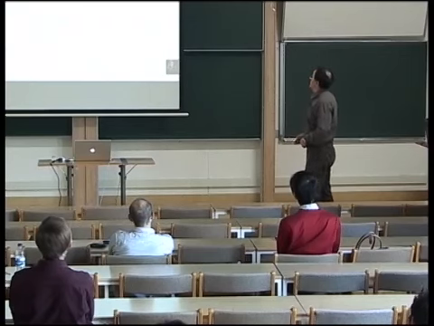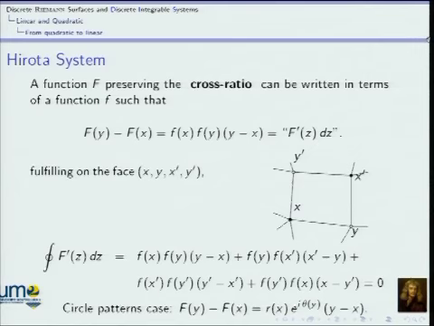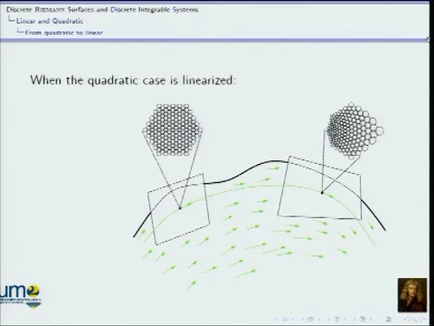I'm not going to go into the details of that fact, but it simply relies on some simple change of variables leading you to a Hirota system. And as you know, the linearization of the geometric mean is the arithmetic mean.